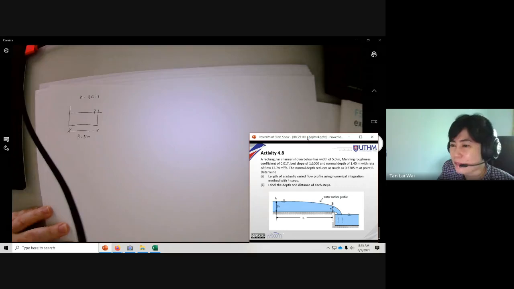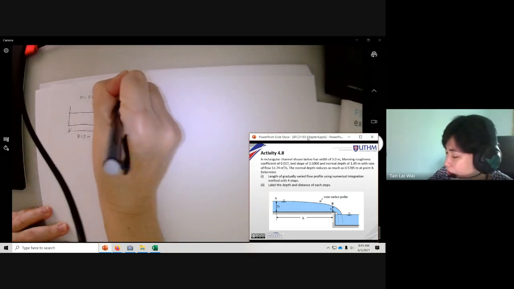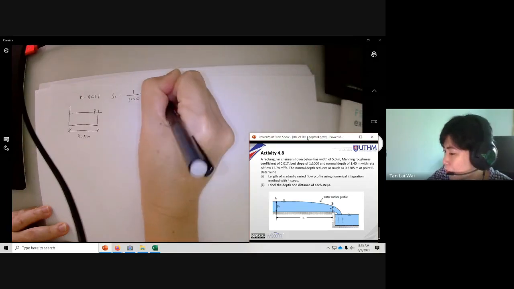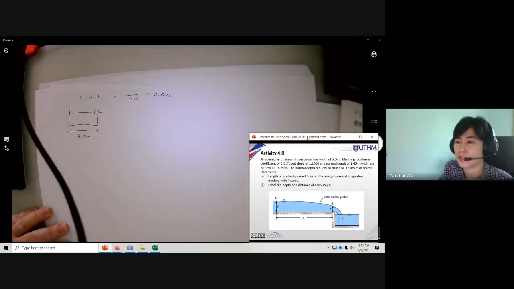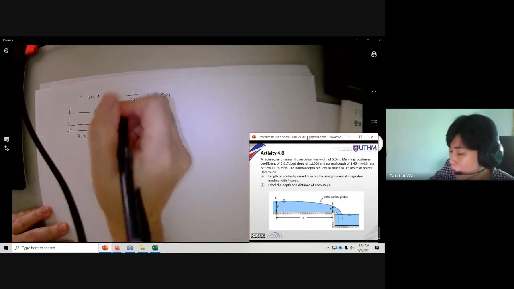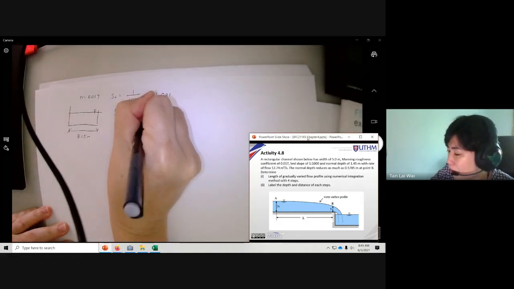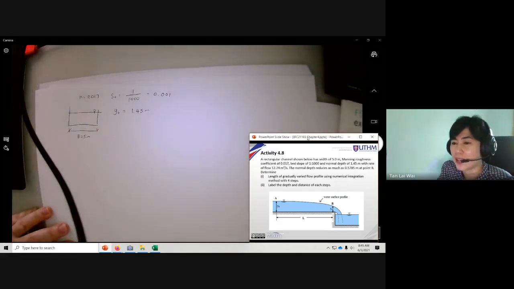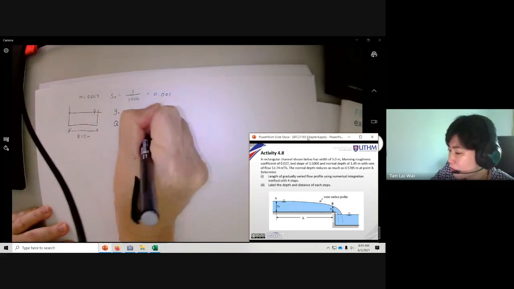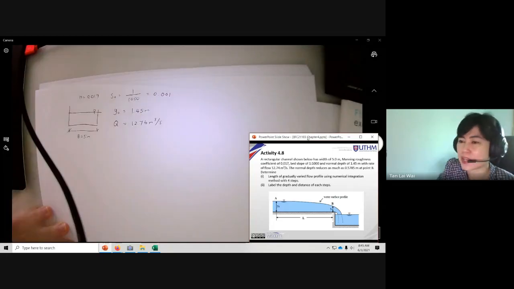Bed slope S naught is 1 over 1000, that means it is 0.001. Normal depth Y naught is given, which is 1.45 meter. Discharge is 12.74 meter cube per second.